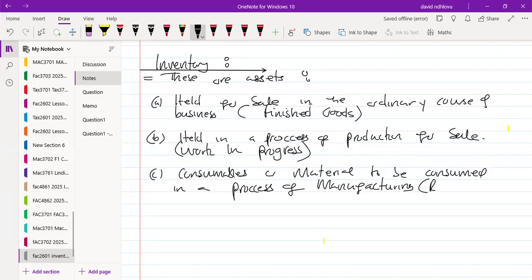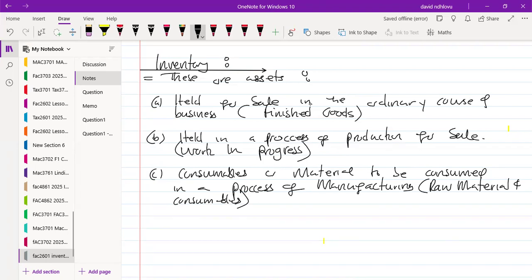We call these raw materials and consumables. Raw materials is the material that you buy and put in a storeroom or warehouse. As and when production needs it, you transfer it to the factory and it becomes work in progress. This is the material that is used to produce the product that you are manufacturing.